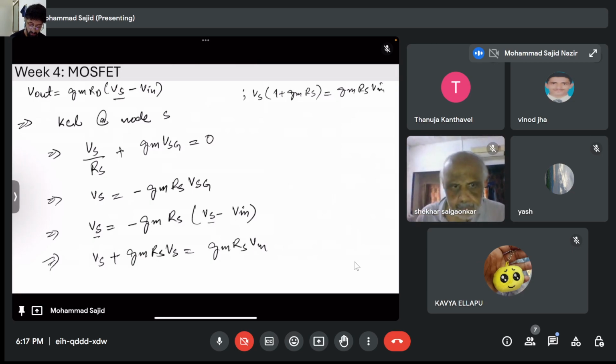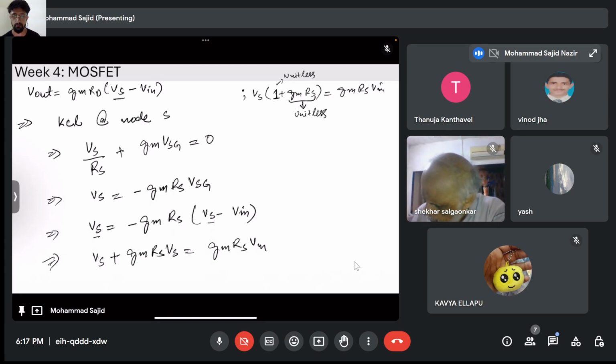Always just remember one thing. If you want to see if you are doing correctly, you can check the units here. Since one is a unitless quantity, if you want to see if your steps are correct or not, this term should also be unitless because one is unitless.